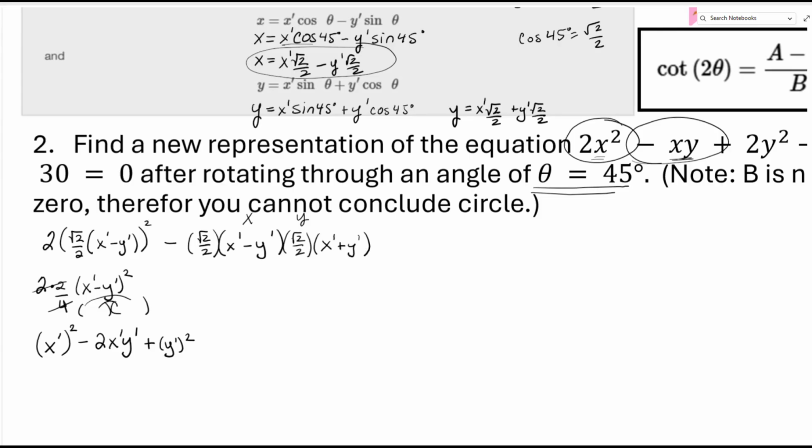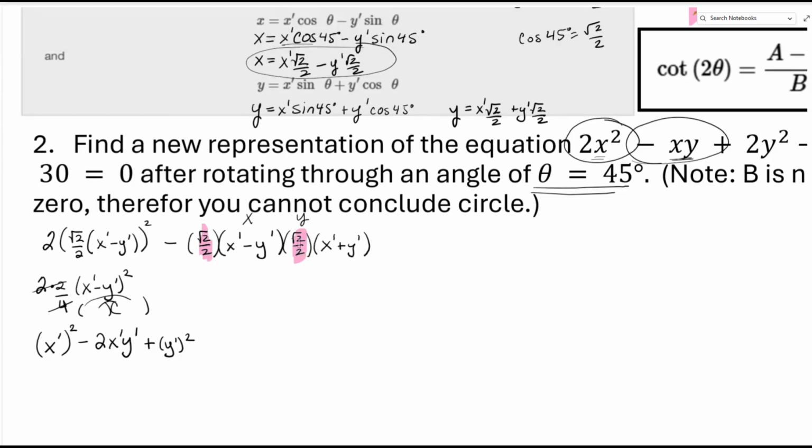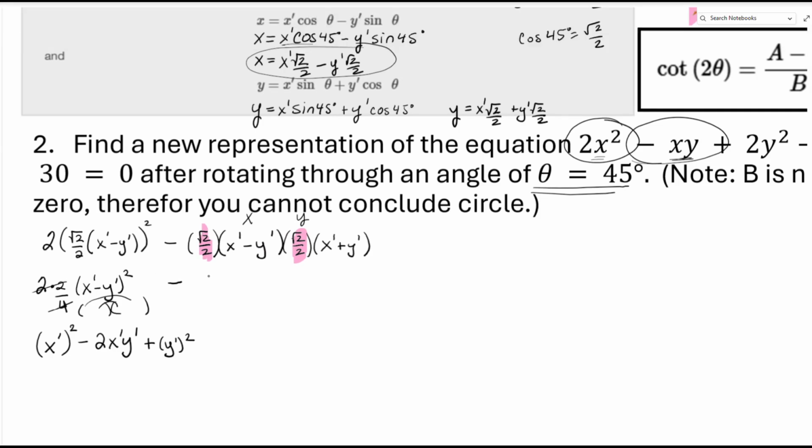Well, there's a few things here I can clean up, right? Like I'm looking at these two, and that can make 2 over 4. And then when I FOIL these two, I'll get x prime squared, I'll get an x prime y prime minus an x prime y prime and a minus y prime squared. So that's what I would get when I FOIL that out.